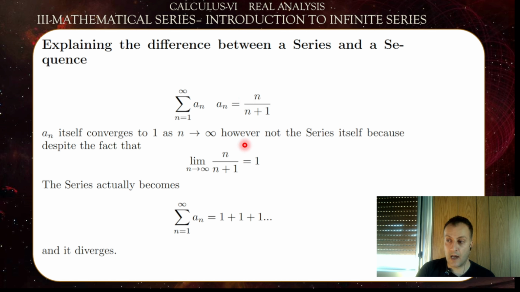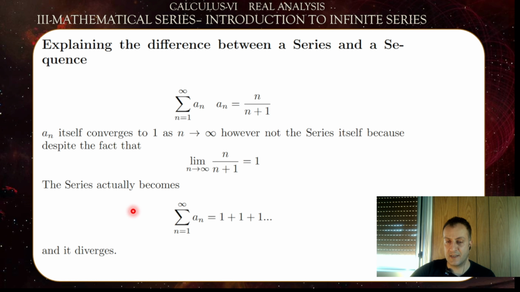So the sequence itself converges as n approaches infinity. However, not the series, because the series is a sum of the sequence terms, and that's a major nuance between the series and the sequence. The sequence converges to 1, a finite value, so we can say that the sequence itself converges.